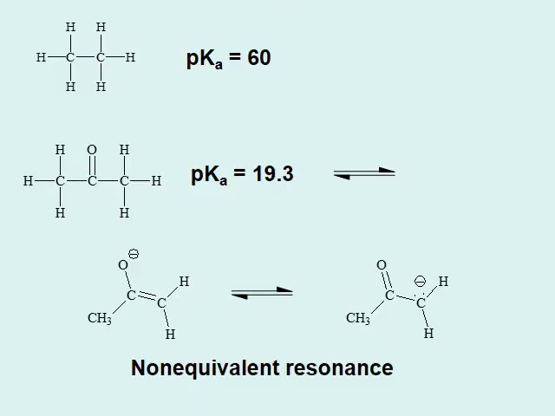Now here we're showing you pKa values. This is a simple alkane. The pKa value is quite large. And the next one with alpha hydrogens. This is the alpha location because this is the carbonyl group. So we have 6 hydrogens in the alpha location, 3 coming from the right hand side and the other 3 on the left side. The pKa is substantially lower, 19.3.